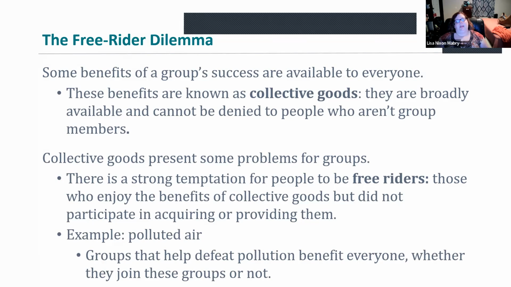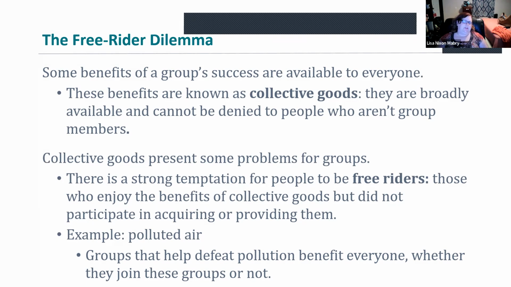So the problem is, though, you have what the book refers to as the free rider dilemma, which is simply those who enjoy the benefits of collective goods but do not participate in acquiring or providing them. So people who basically enjoy what they get out of the group, but they don't really put anything back into the group. We all know those people, right?